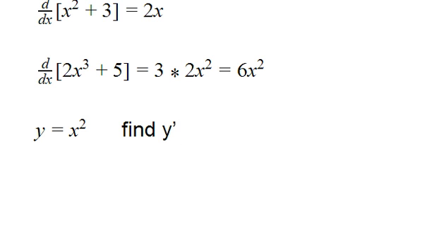Well, that's the same thing as saying we need to take the derivative of x squared, right? So y prime is equal to 2x. The derivative of x squared is 2x, so this is just another way of asking for the derivative of y.